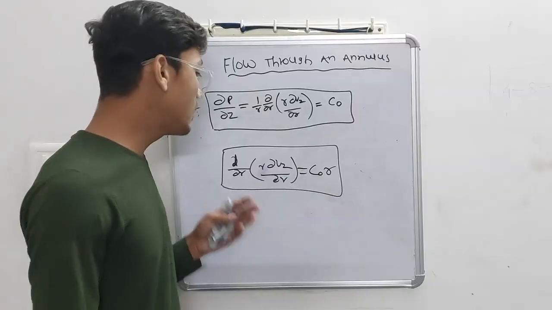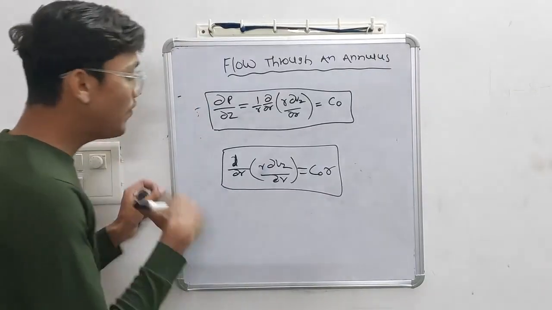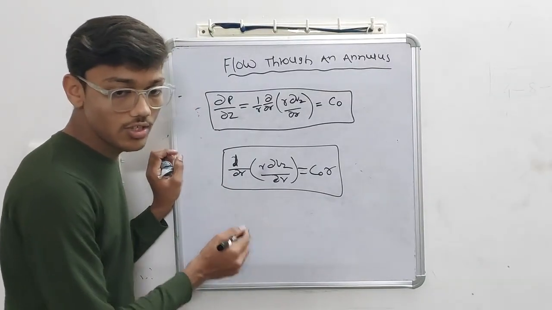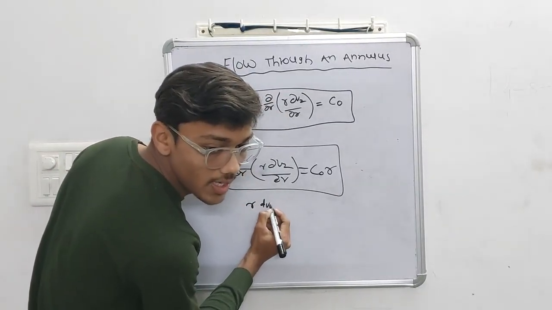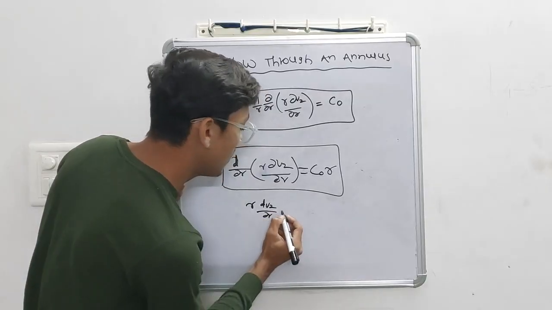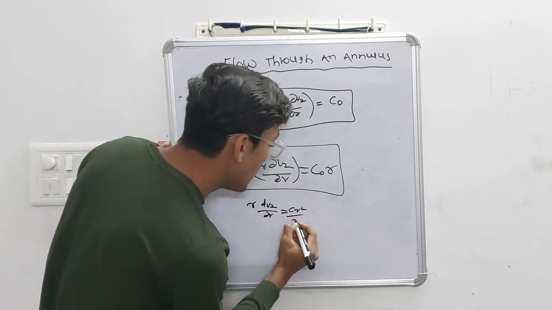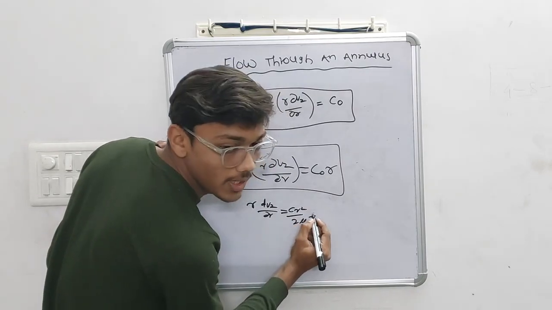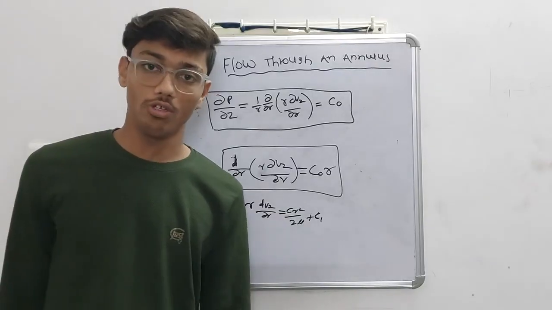We solve this differential equation by integrating once. So r dvz by dr equals C r square by 2 mu plus c1, where c1 is our new constant.